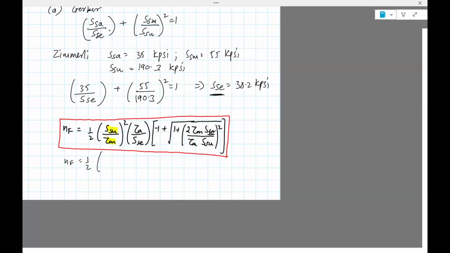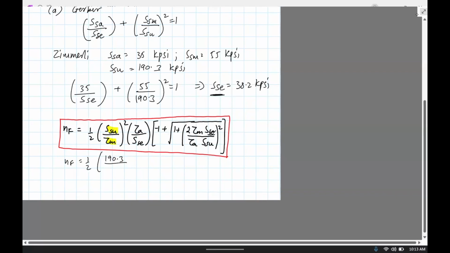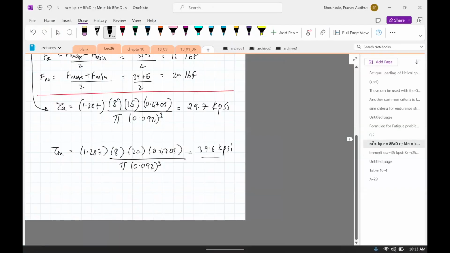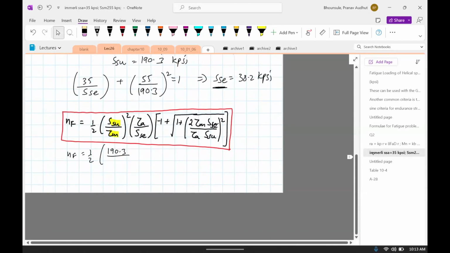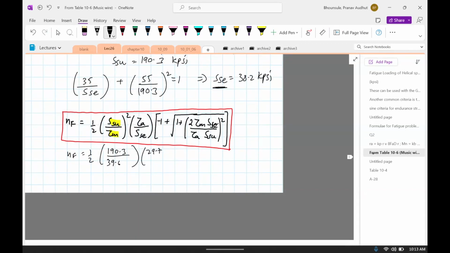So SSU is 190.3. Tau m, this is something which we had just computed, is 39.6 and tau A is 29.7.